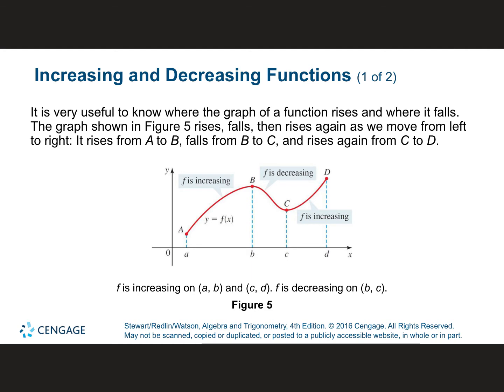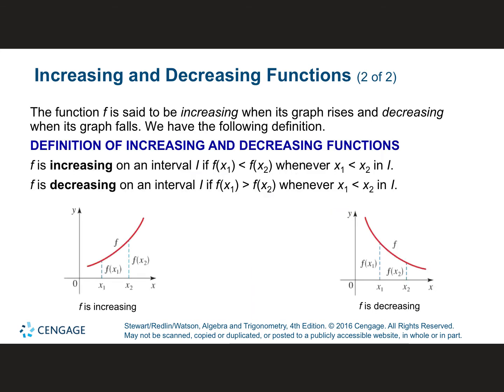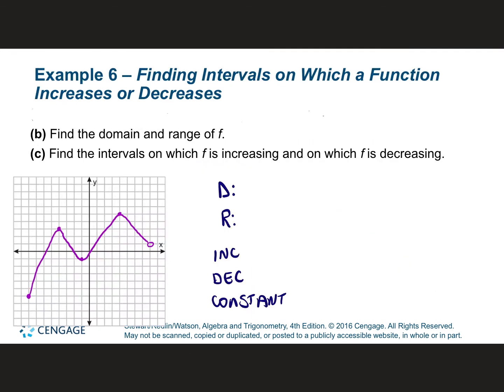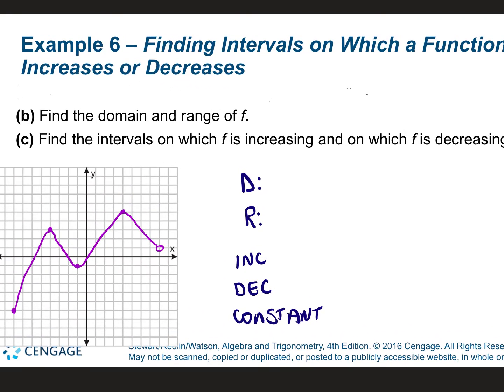For your decrease, again, looking from left to right, the part that goes down, give the x values for where that part of that line is going down. Same thing, increase, decrease. If we look at your second example here, it tells you to find the domain and range of f, then find the intervals on which f is increasing and on which f is decreasing.